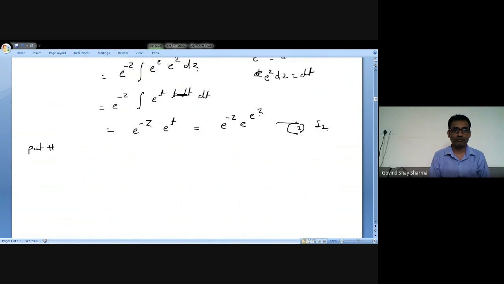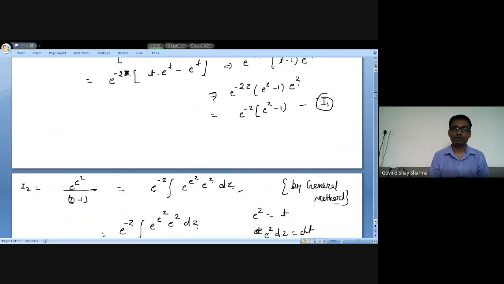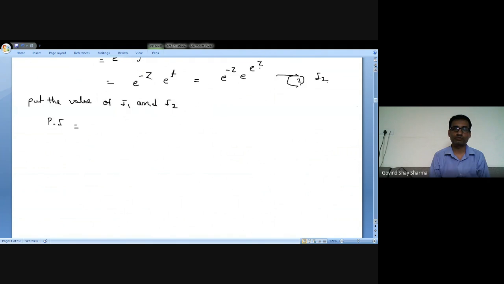Put both values in. Put the value of I1. What is the I1 value? e to power minus z times (e to power z minus 1).